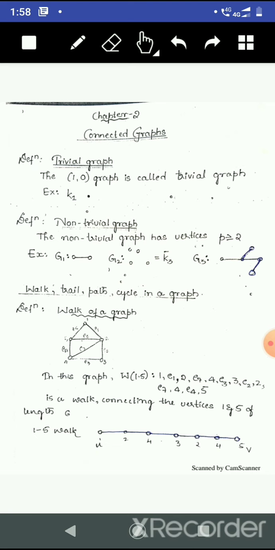Next, walk, trail, path, and cycle in a graph. First definition, walk of a graph. Students, observe this graph.